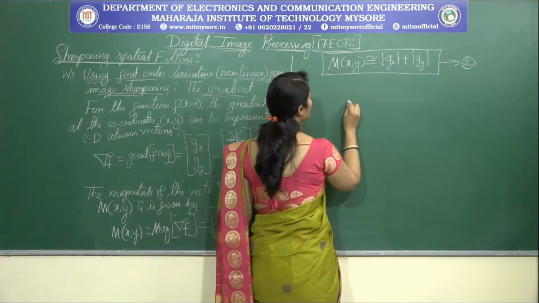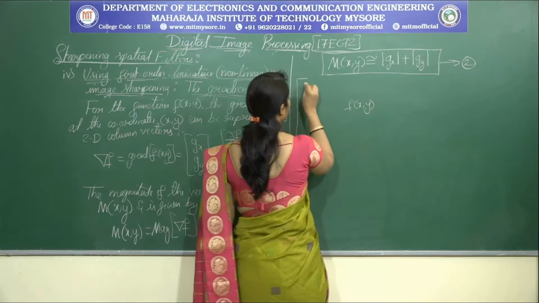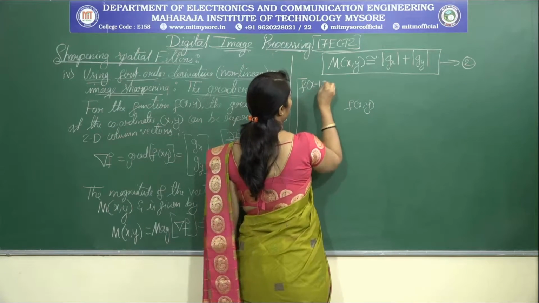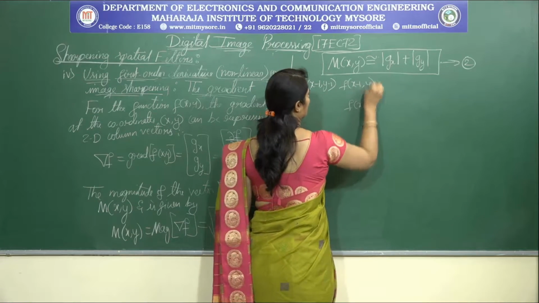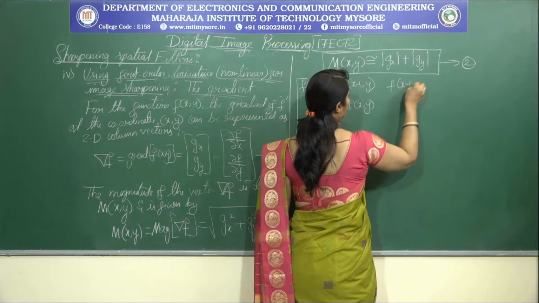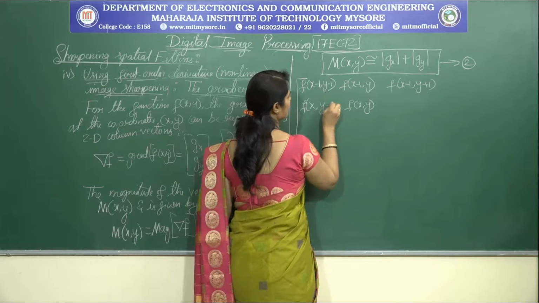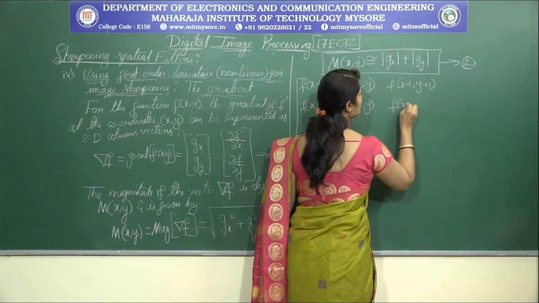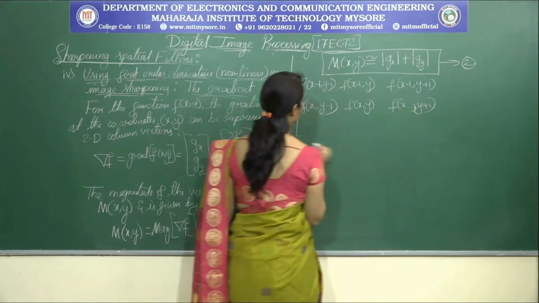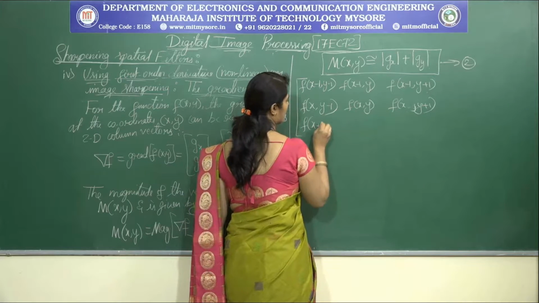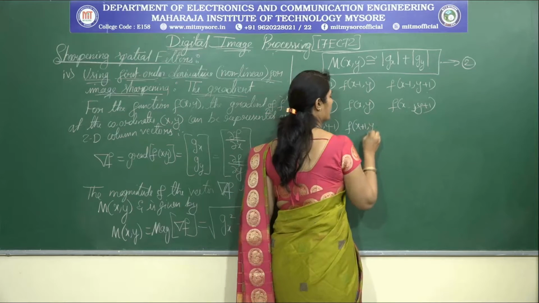If the center pixel is f of x comma y, then this is f of x minus 1, y minus 1, x minus 1 y, x minus 1, y plus 1, x comma y plus 1, f of x plus 1, y minus 1, x plus 1 y.